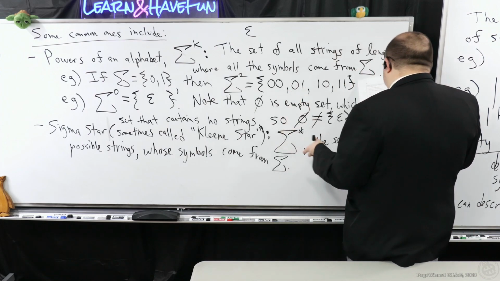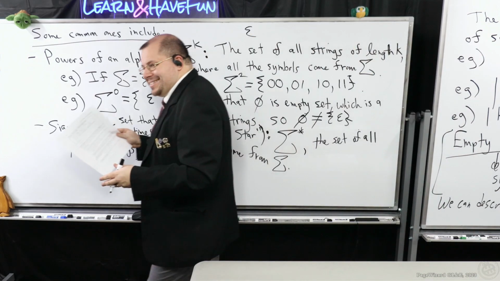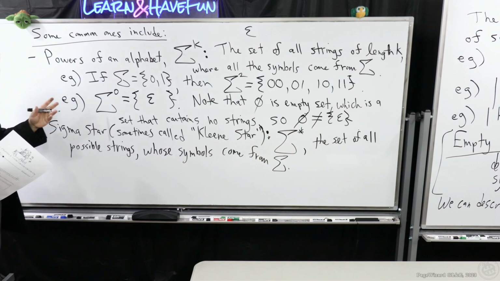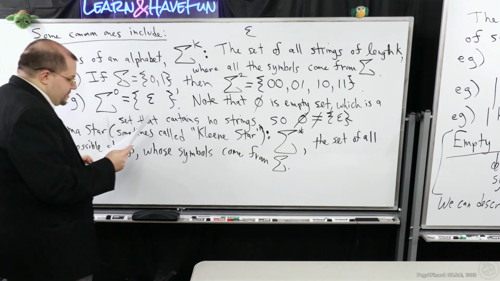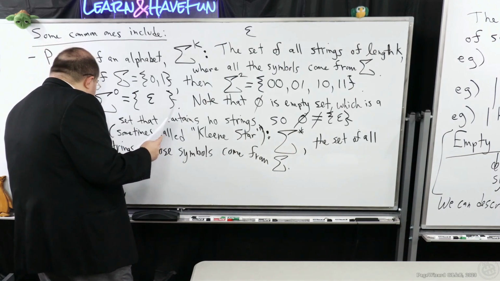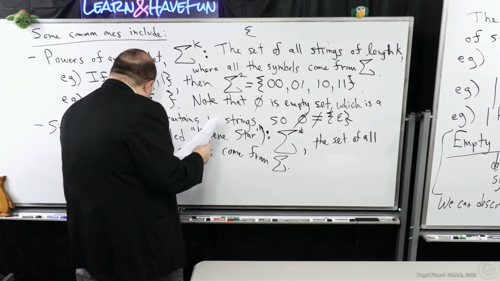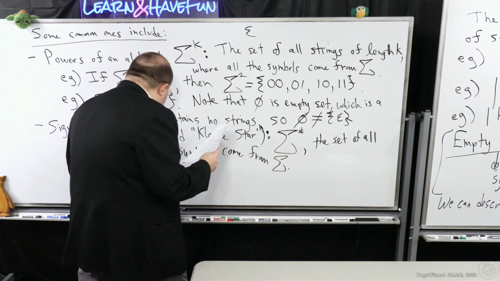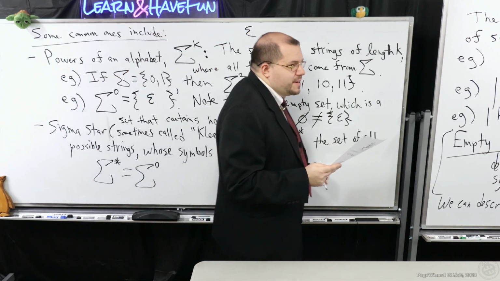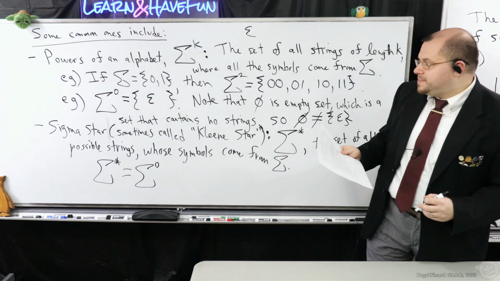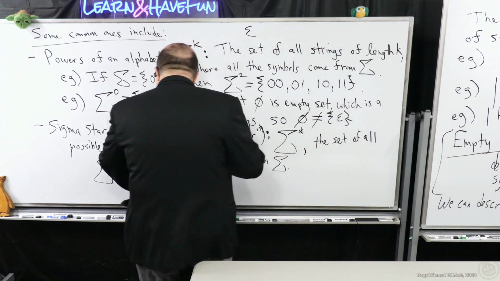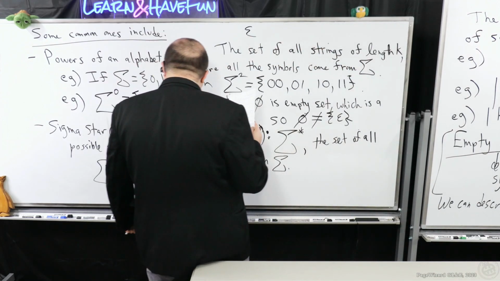So just to be clear, a way you could define sigma star is as follows. It is all the strings of length 0 using the symbols in the alphabet, combined with, so I'm going to use a union operation.